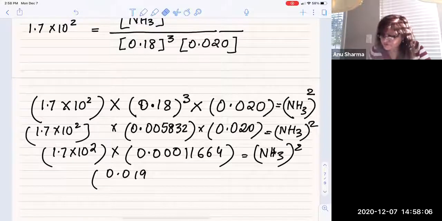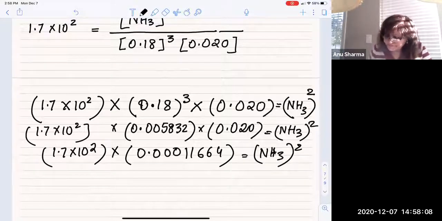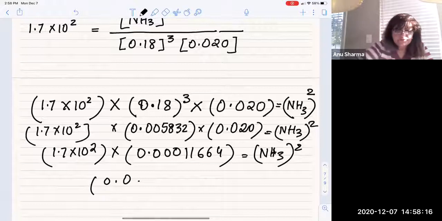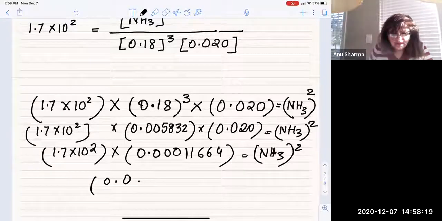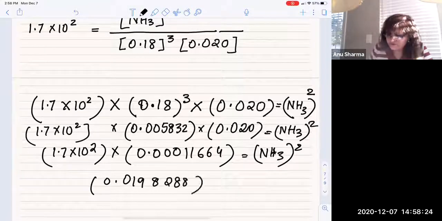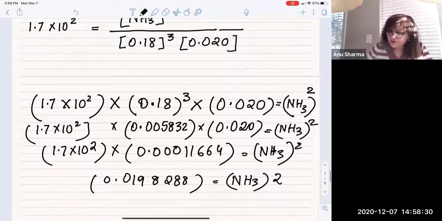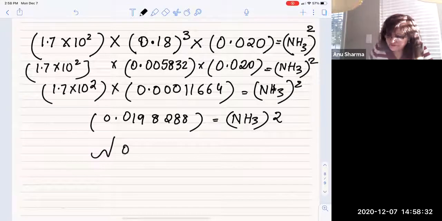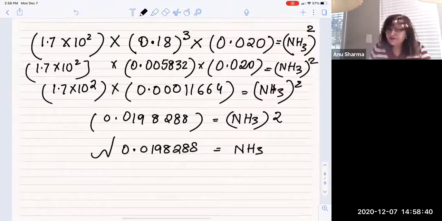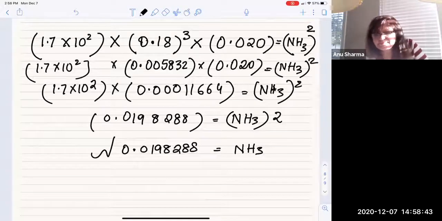Let me just bring in all of this number. So right now we are not applying any rules regarding the significant figures, but 0.01982888 is equal to NH3 raised to the power 2, or in other words, 0.01982888 is equal to NH3 squared.